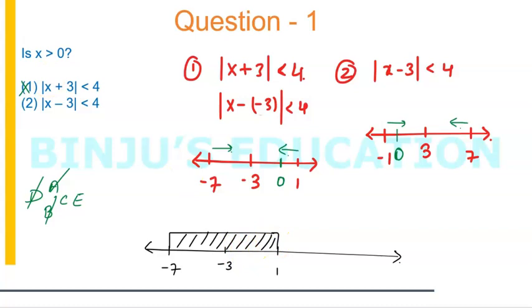For the second one, we have 3, we have minus 1, and we have 7. So this is the part to be taken into consideration. You can very well see that the common part for both of them is when x is between minus 1 and 1.